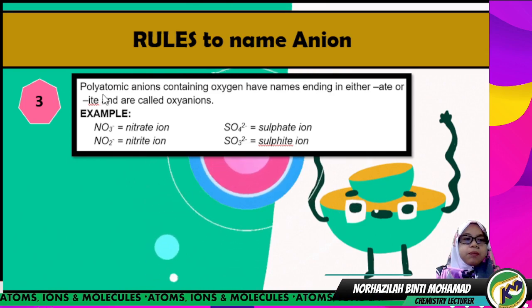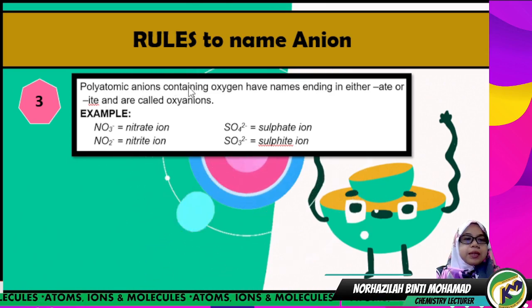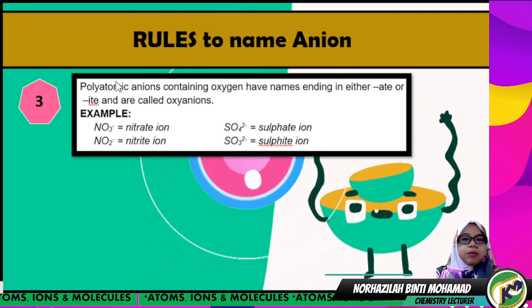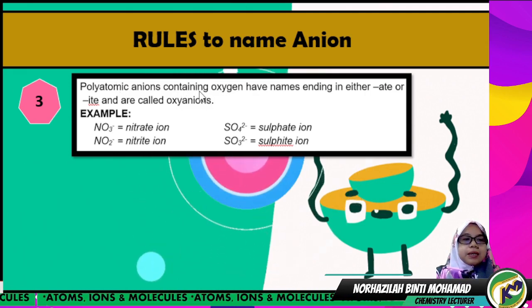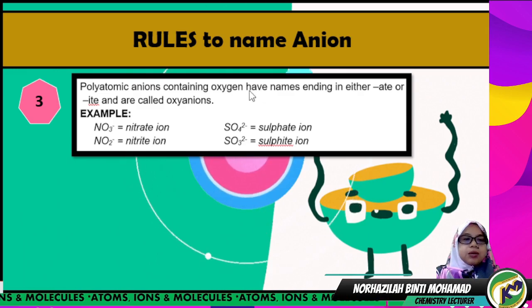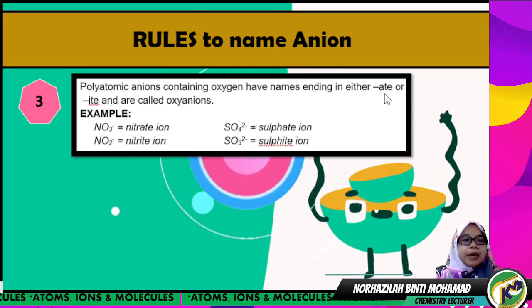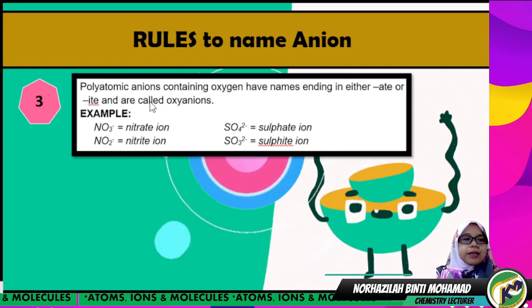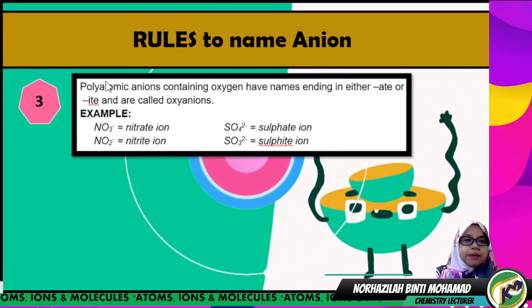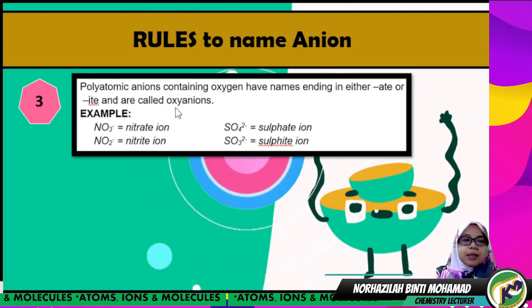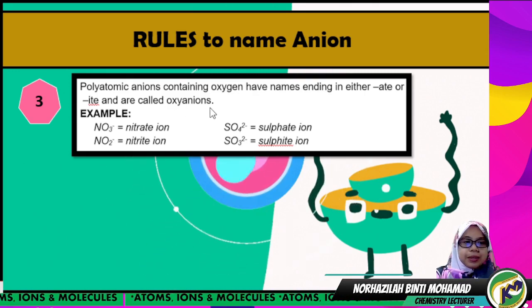So if our polyatomic anion contains oxygen, the name will end with either -ate or -ite, and we call this polyatomic anion that contains oxygen an oxyanion.